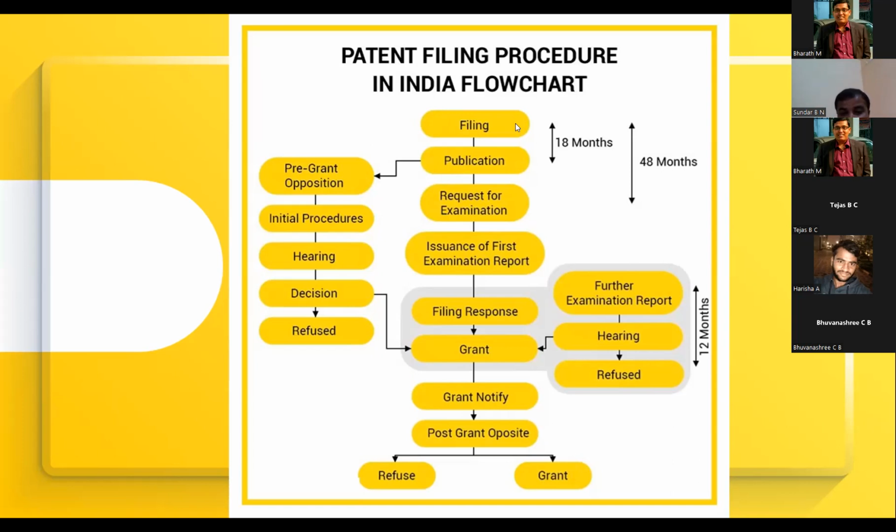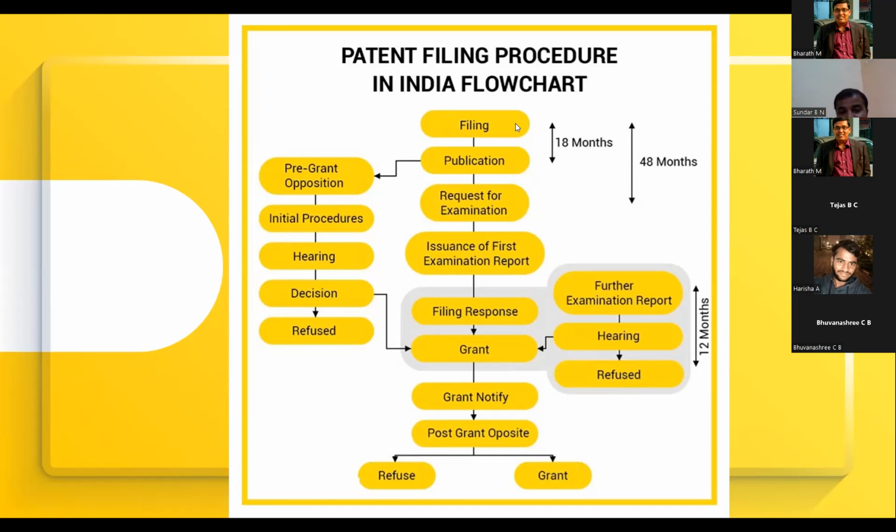If you are not satisfied with the first examination report, because they will raise objections, you can go for one more examination report. If you go for one more examination report, again there is a hearing. After the hearing, they can grant a patent.